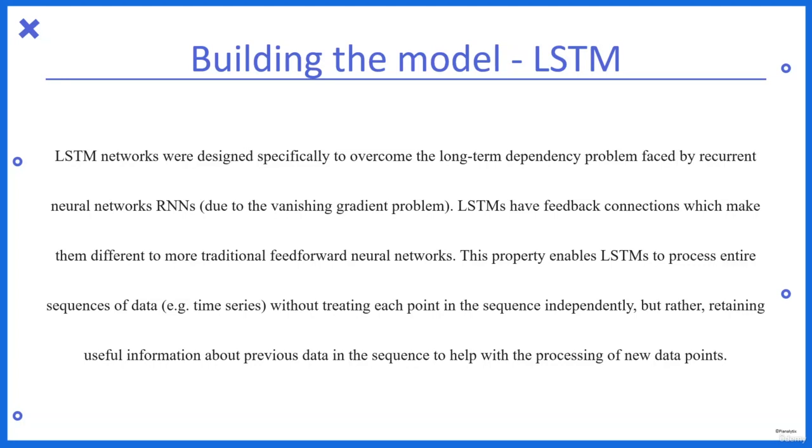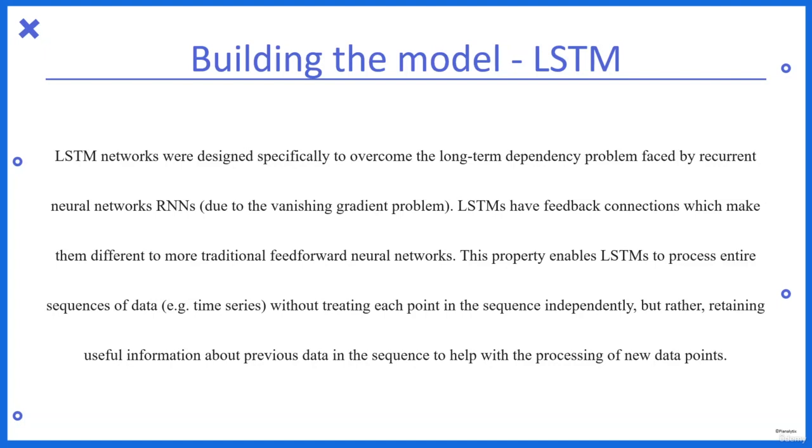LSTMs have feedback connections, which makes them different from more traditional feed-forward neural networks. This property enables LSTMs to process an entire sequence of data, which can be a time series or text data converted into numerical form, without treating each point in the sequence independently, but rather retaining useful information about previous data in the sequence to help with the processing of new data points.